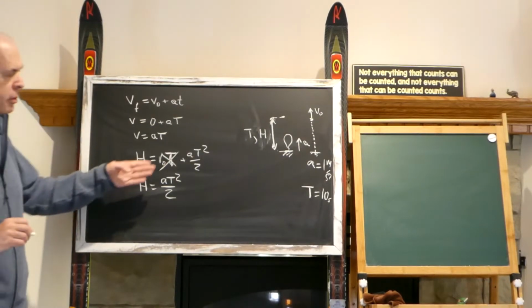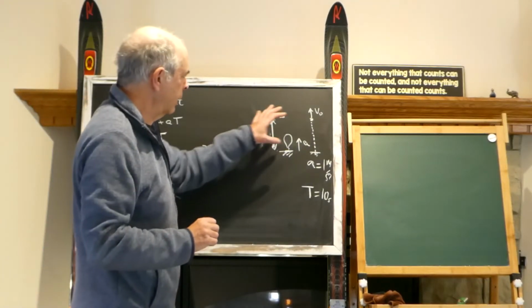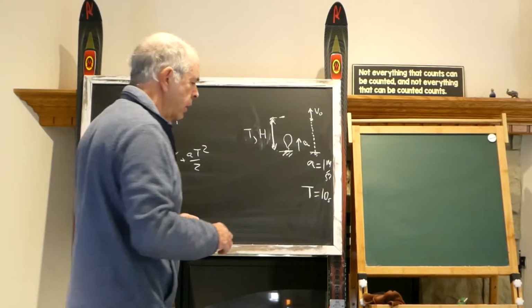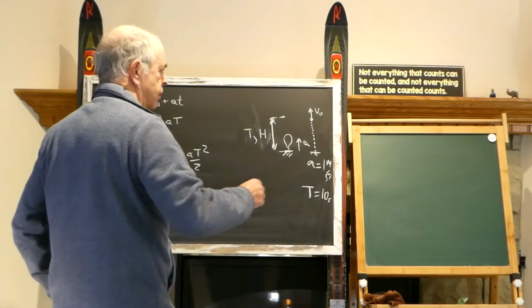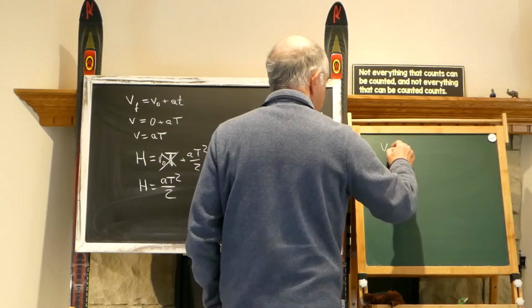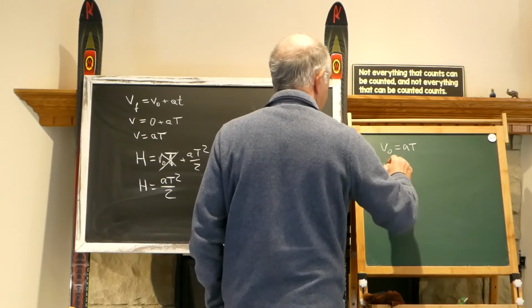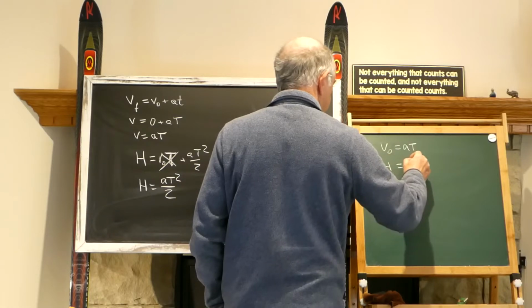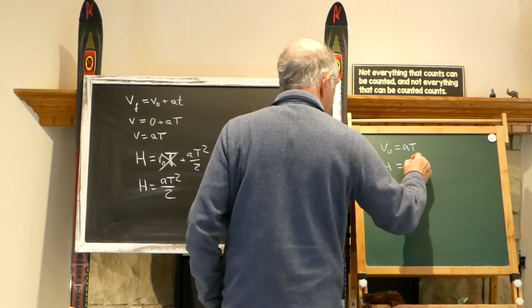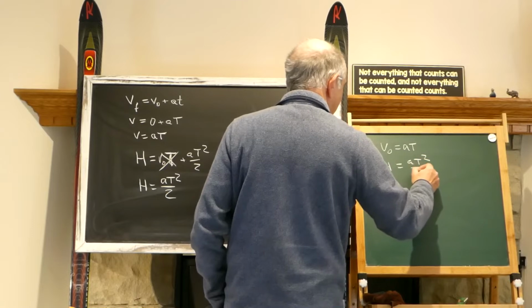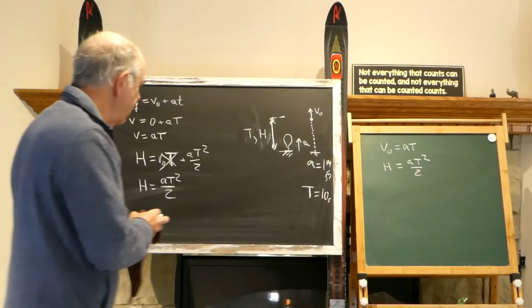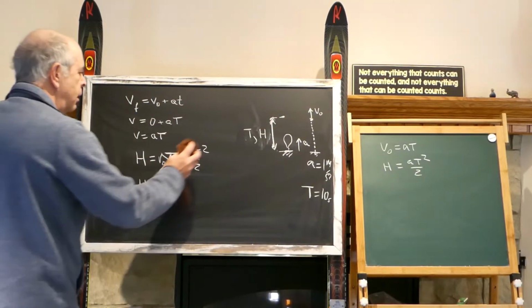So we know the height and we know the initial speed of the body. So let's write it down. V, the initial speed of the body that's falling, is aT, and the initial height is aT squared over 2. And a is given and T is given, and we can easily put them in.